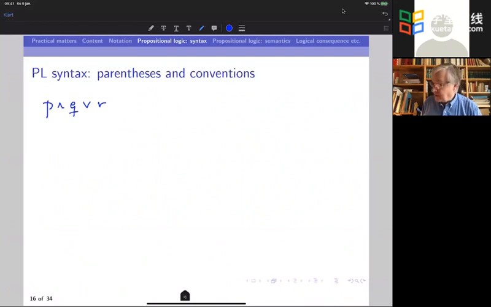And in fact, it's ambiguous because it could mean (P and Q) or R, or it could mean P and (Q or R).